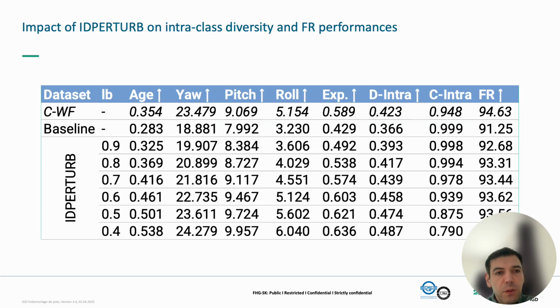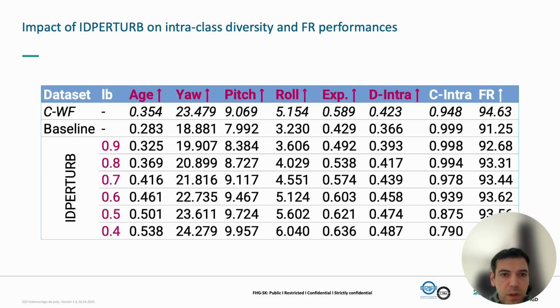This visual result is also supported by the evaluation with different attribute classifiers, the intra-class diversity metric, the intra-class consistency metric, and face recognition performance. We see here that when the lower bound decreases, we have higher variation, for example, in age, head pose, and expression, as well as in the general intra-class diversity metric.